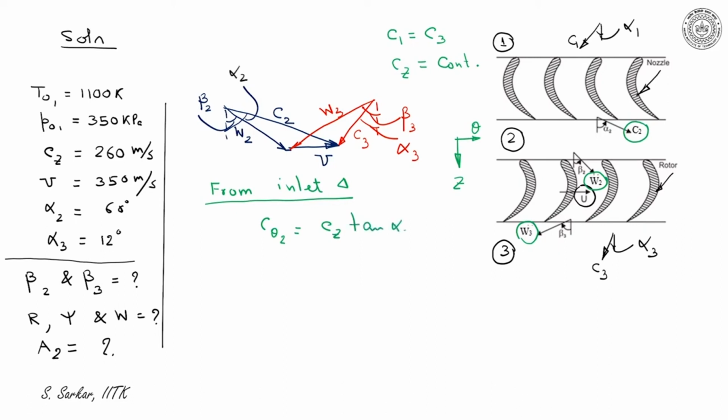I know the value of Cz and also I know the value of alpha 2. Cz is equal to 260 meter per second, alpha 2 is equal to 60 degree. If you evaluate, you will get 450.3 meter per second.